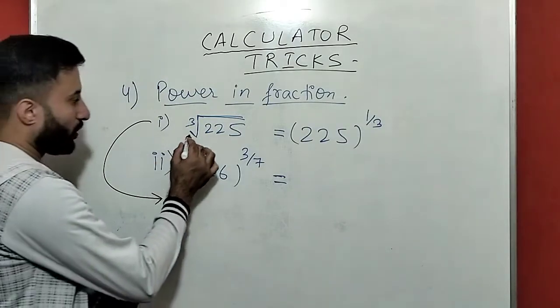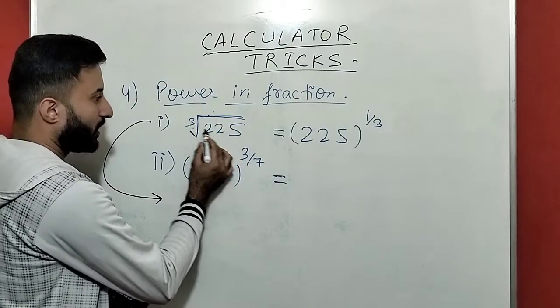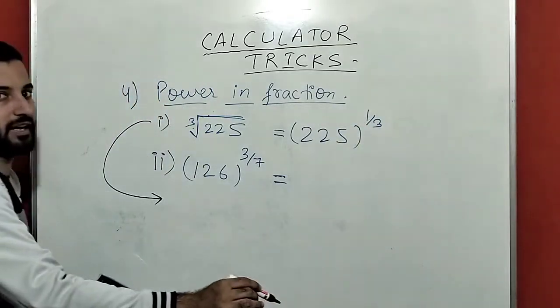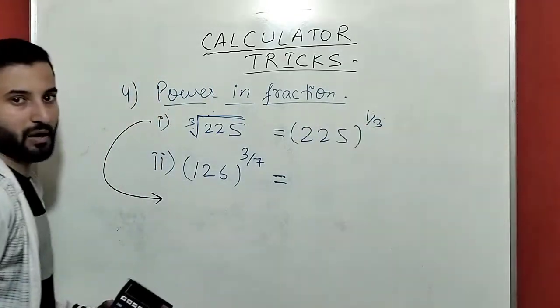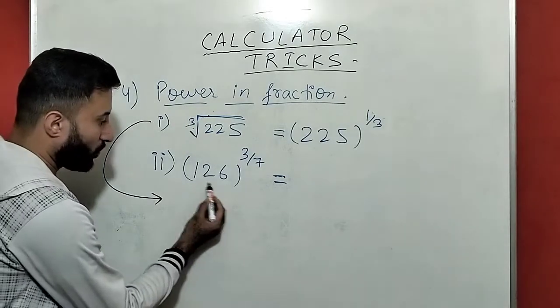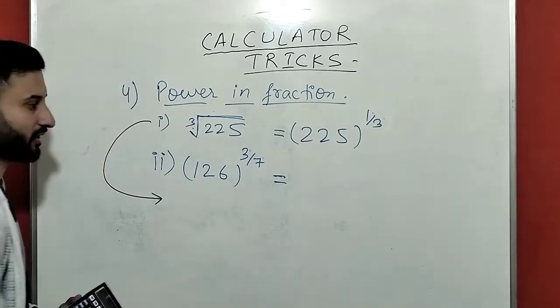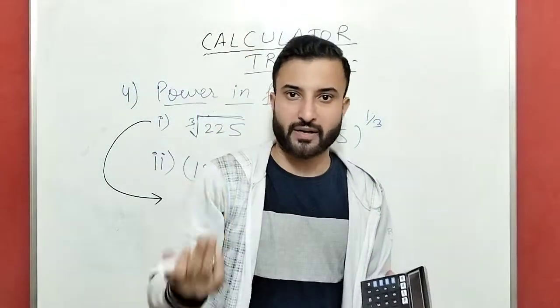As I have told you, whenever you have to find the cube root, I remove the cube root, so the power will become 1 by 3 every time. So 1 by 3 means the power is in fraction. Or like this, 126 power 3 by 7, where the power is in fraction, numerator and denominator.